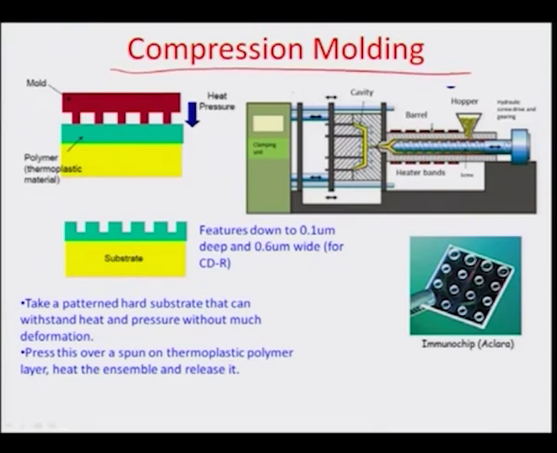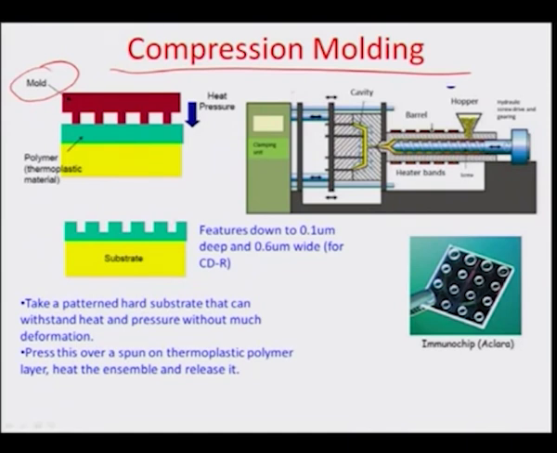So, as mechanical engineers, some people would already be aware of what compression molding really means. Essentially, it means that there is a mold which is hard and can withstand temperature and pressure, and then there is a thermoplastic polymer which is deposited on the top of a substrate, and basically you apply heat and pressure onto this mold to imprint this mold onto this thermoplastic material.